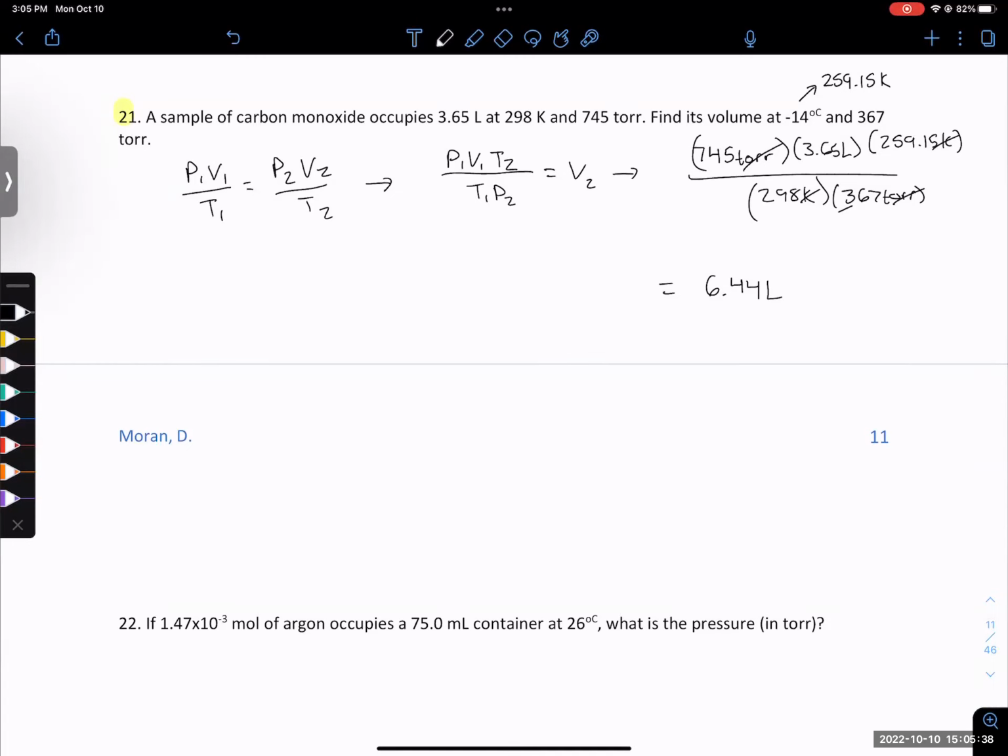But that's because what else is happening? The pressure's also decreasing a lot. So you have a lot of fluctuations going on, which is why you can't predict the outcome of the volume in these scenarios. Okay? So this means that pressure decreased more than temperature.